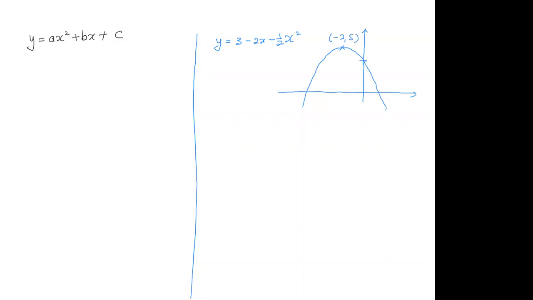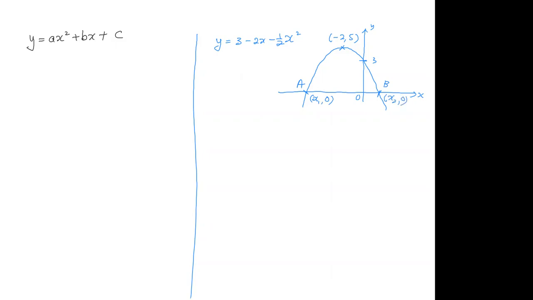And here is 3. Here is the origin. So this is called the x-intercept. This is one of the x-intercepts, x1. There is another x-intercept called x2.